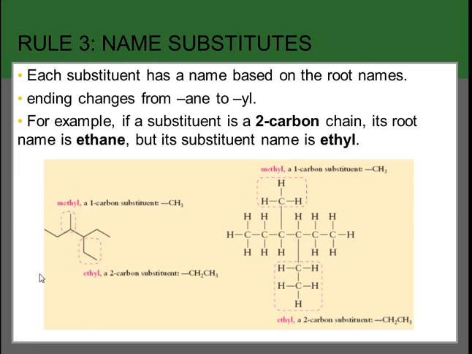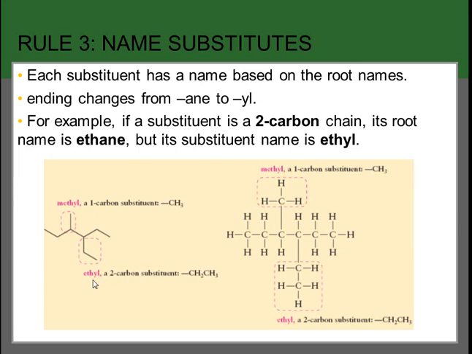So here's an example. We have the main chain here, 1, 2, 3, 4, 5, 6. There are 2 substituents, a 1-carbon substituent and a 2-carbon substituent. 1 carbon is methane. We change ane to yl to get methyl, indicating a 1-carbon substituent, part of the molecule. A 2-carbon alkane is ethane.